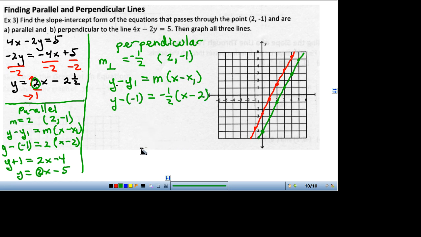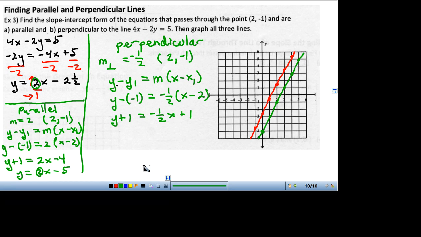Minus a minus is a plus. And distribute the 1/2. So it's going to be negative 1/2 x minus, a negative times a negative is a positive, 1/2 times 2, well, that just becomes 1.